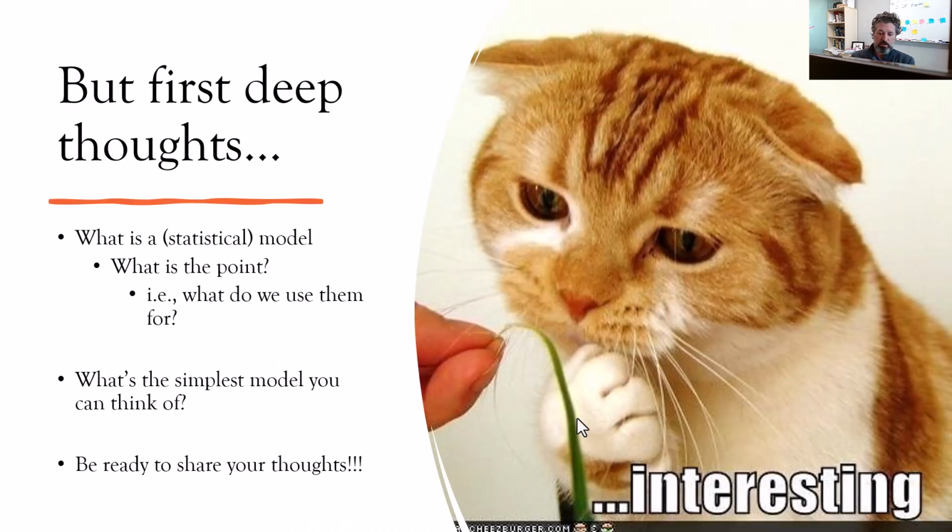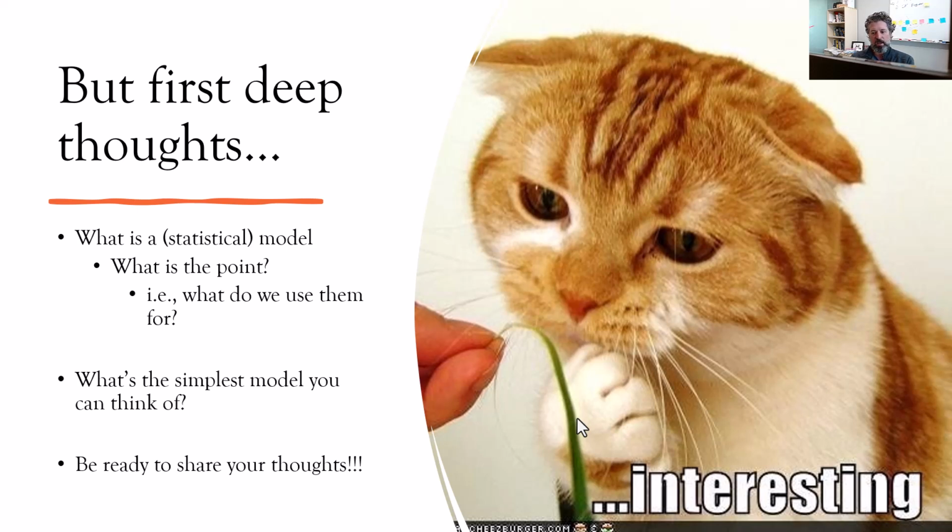So deep thoughts. What is a statistical model? What is the point? We actually did this during the semester, where we talked about how a statistical model is usually: you have some data at hand, and you want to make predictions. What if you could create some data with hypothetical scenarios, or look at past behavior or past experiences and use that to predict something? The simplest model that we came up with in class is an average.